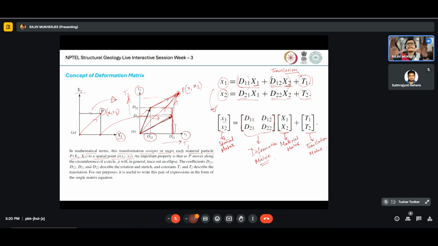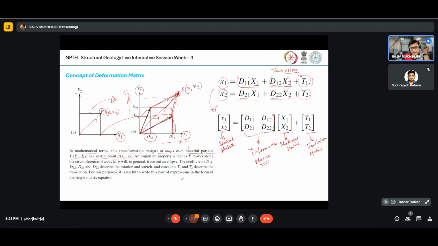So this is something like an information or an algorithm delivered to a system. It is like a process delivered to a system such that using this process or this information, one can translate from one point to another. So d11, d12, d21, d22 determine the path of the translation of the point. And since it determines the path of this deformation, this is called the deformation matrix.